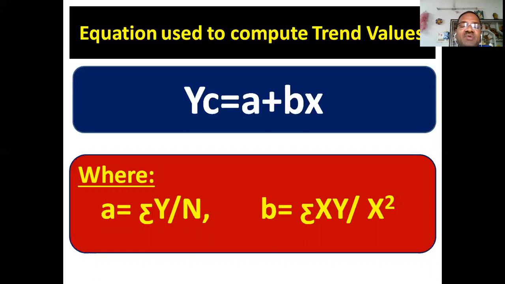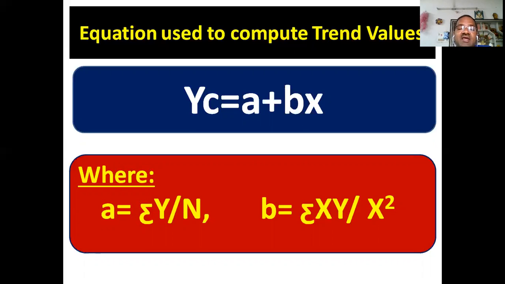Here Y is a capital letter, c must be a small letter, equal to a, small a, plus b into X. Then what is Yc here? Yc means the yield or the trend that you would like to compute of a particular variable, maybe production, maybe import, maybe export. It is the trend you want to find out.